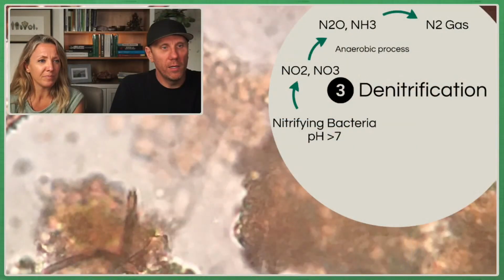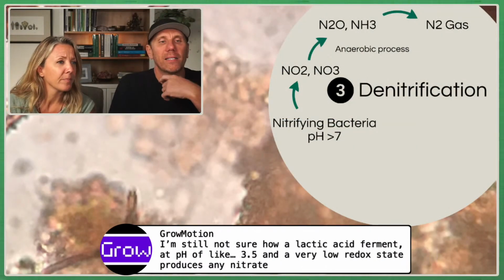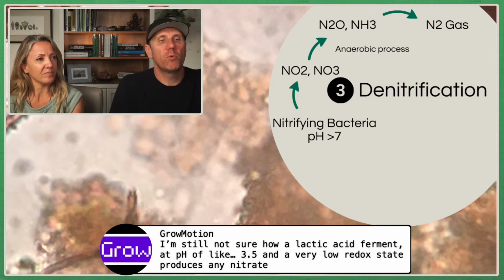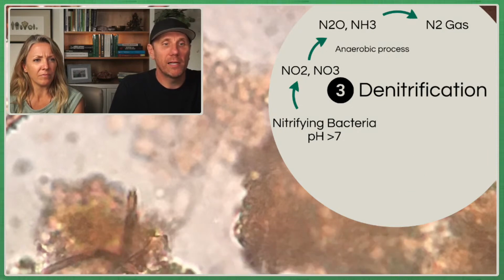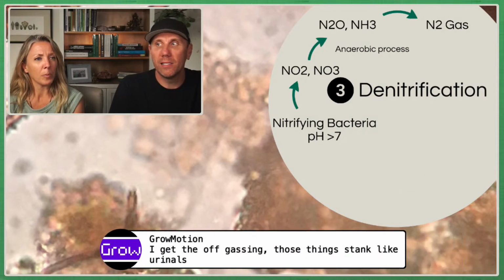Yeah. So there's a question here about whether a lactic acid ferment at a pH of 3.5 at a very low redox state produces any nitrate. Well, those are nitrifying bacteria. That's what they're doing. They're producing nitrate. And it does stink like a urinal. So what you're smelling is this process.